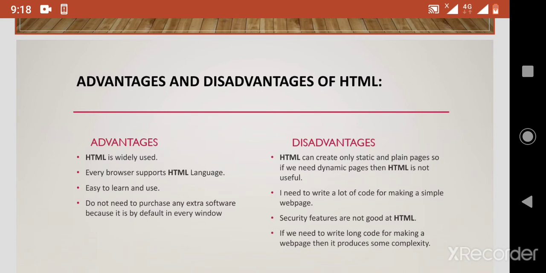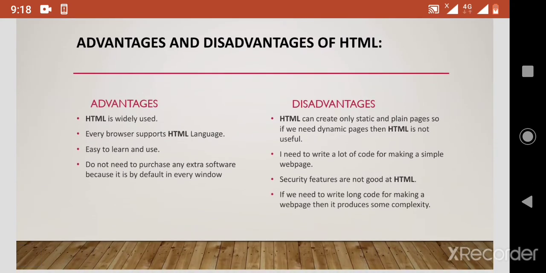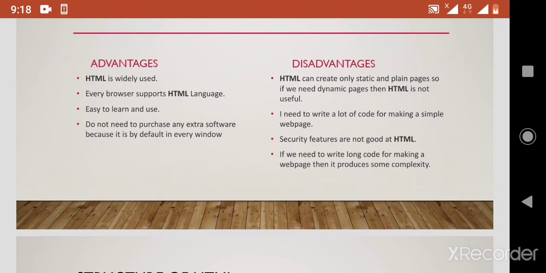Next, going to the advantages and disadvantages. Coming to the advantages, HTML is widely used and every browser supports the HTML language. It is easy to learn and use, and we do not need to purchase any extra software because it is by default in every Windows system.